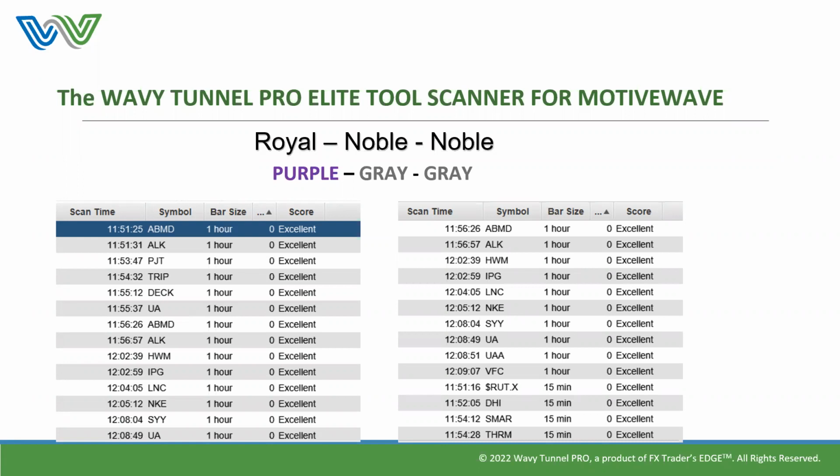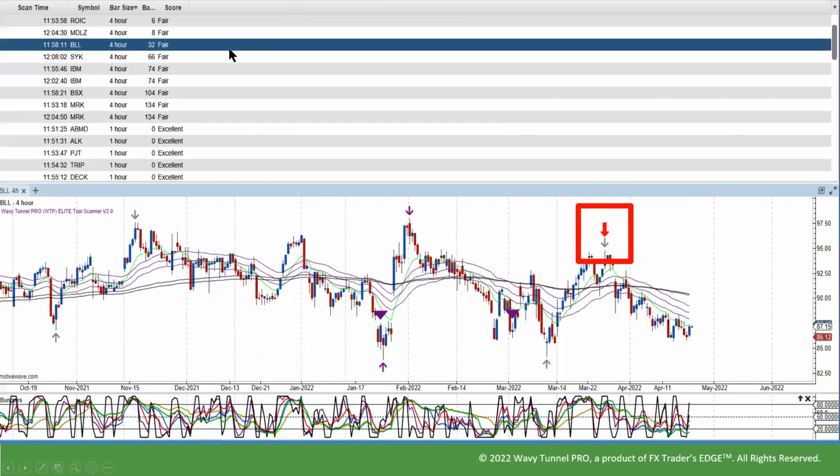If we've just moved up and you think we're going to come back down again, then you might want to look for the shorts. So you have to decide for yourselves, because you're not going to take all of these trades. Okay. So this is an example on the 4-hour BLL. I just wanted to show you how this trade shows up and explain it a little bit.